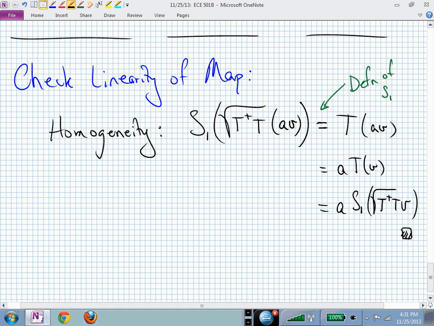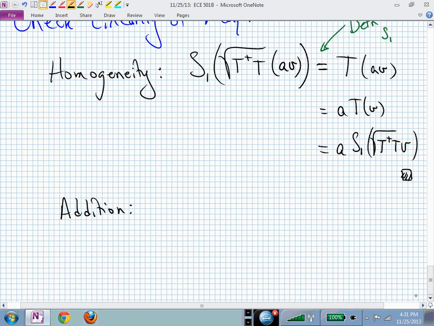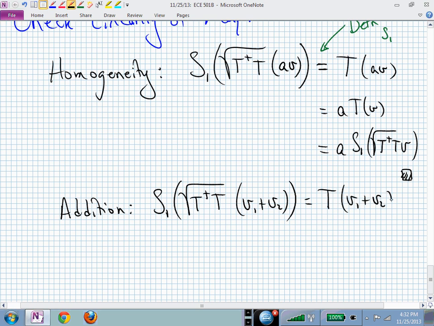So that's sort of an inner proof. Now let's look at the additivity or the addition property of this map S1. If we have S1 operating on the positive square root of T dagger T, V1 plus V2, then again we can use the definition of S1 to say, well, that's the same as T operating on V1 plus V2 by definition of S1.